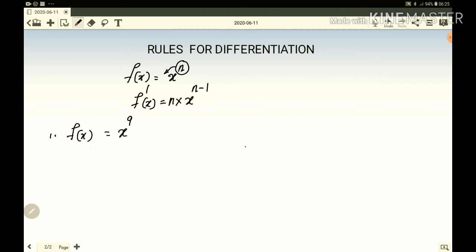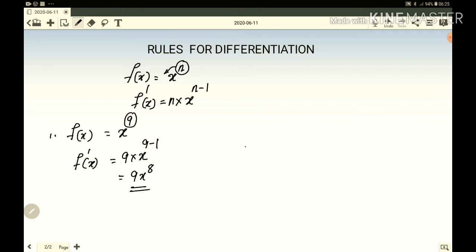We can straight away differentiate: f dash x is equal to, what is the power here? 9. So 9 will come first times x to the power, the very same power, 9 minus 1. So we are done. It's going to be 9 x to the power 8 is the answer. Is it clear? So just an example.